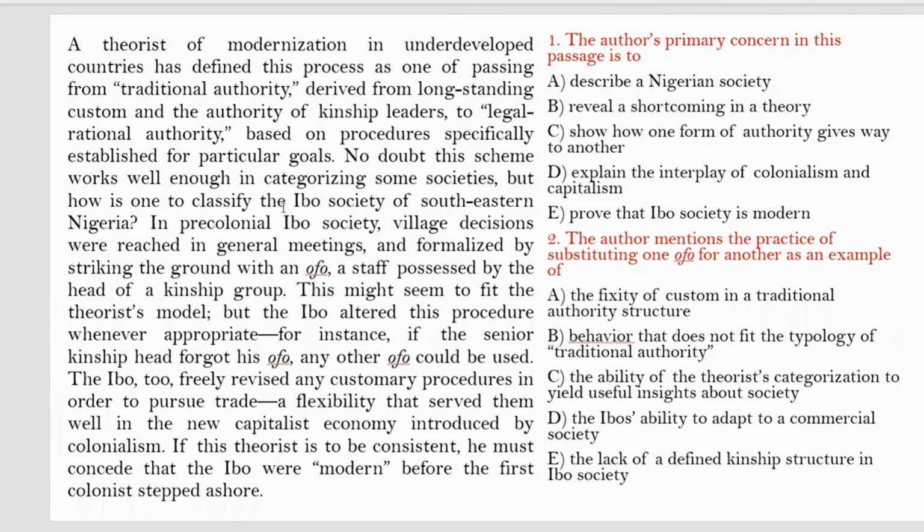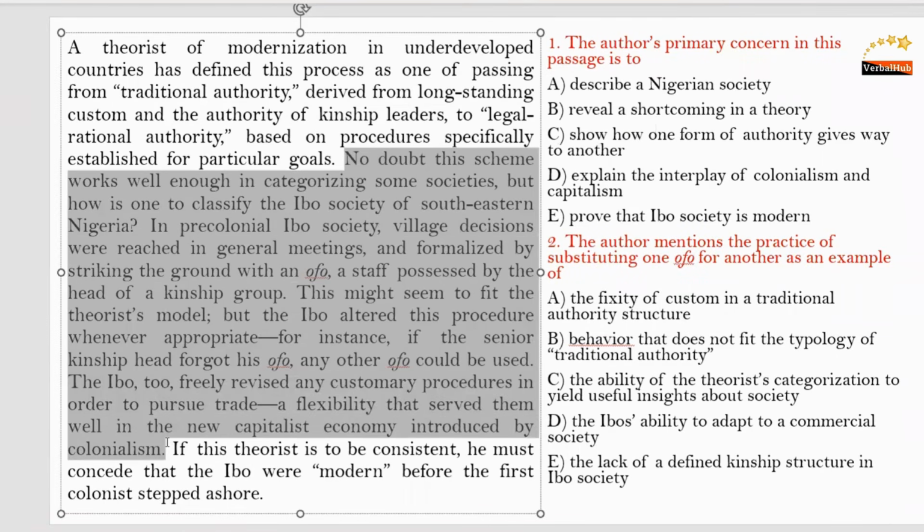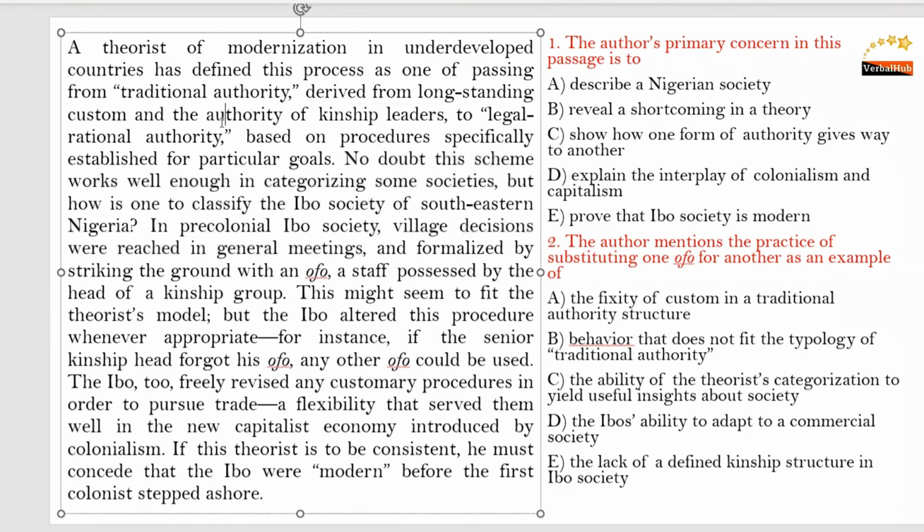All right. So this is your introduction, and now this is your body. Body, yeah, correct. So the body is raising a question against traditional authority. How? According to the author, the theorist defined a process of traditional authority, right?